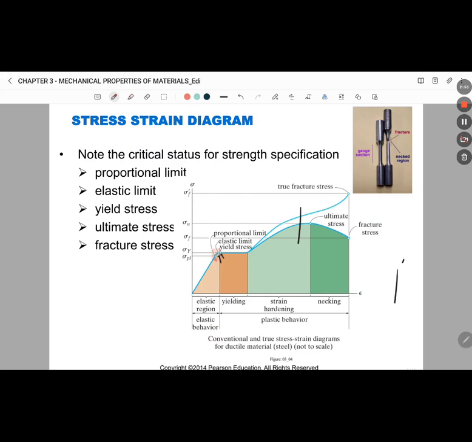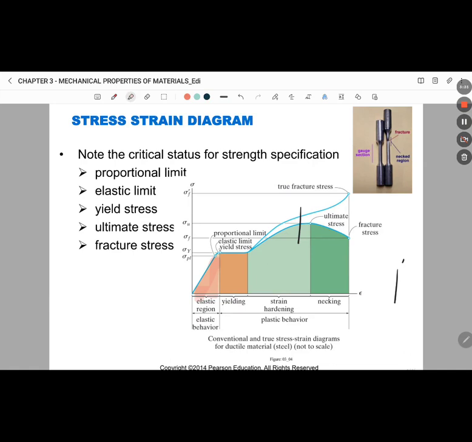Elastic behavior of a material occurs when the strain in the specimen is within the light orange region as shown in the figure. We call this the elastic region. Here, the curve is actually a straight line throughout most of this region, so the stress is proportional to the strain. The material in this region is said to be linear elastic.